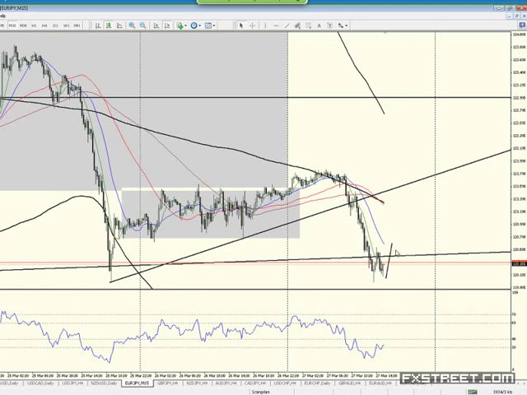And if I see some consolidation, set up a nice support, a break of that support gives me more confidence, and I would add to that position.